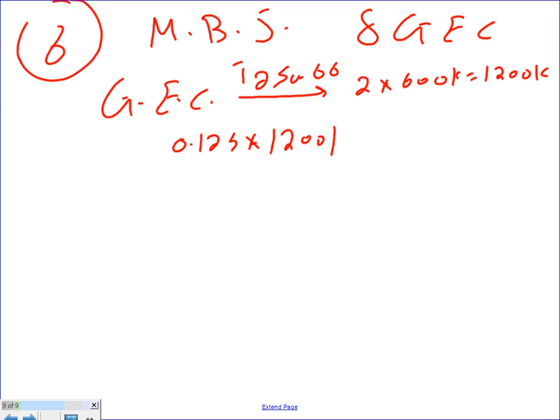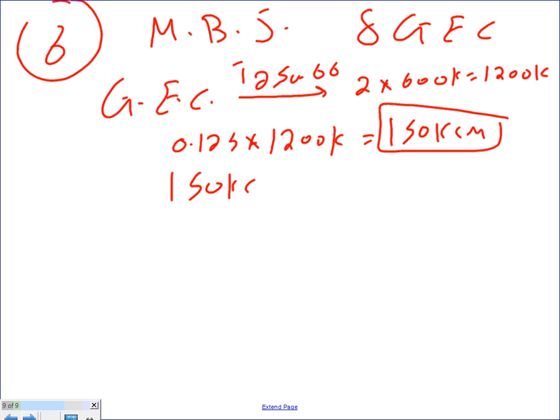So anybody can give me the answer? 12.5, 0.125 times 1200. 150. 150 kcm. They don't have a 150 kcm though. Take it to, now I'm going to do it in order, Chapter 9, Table 8.